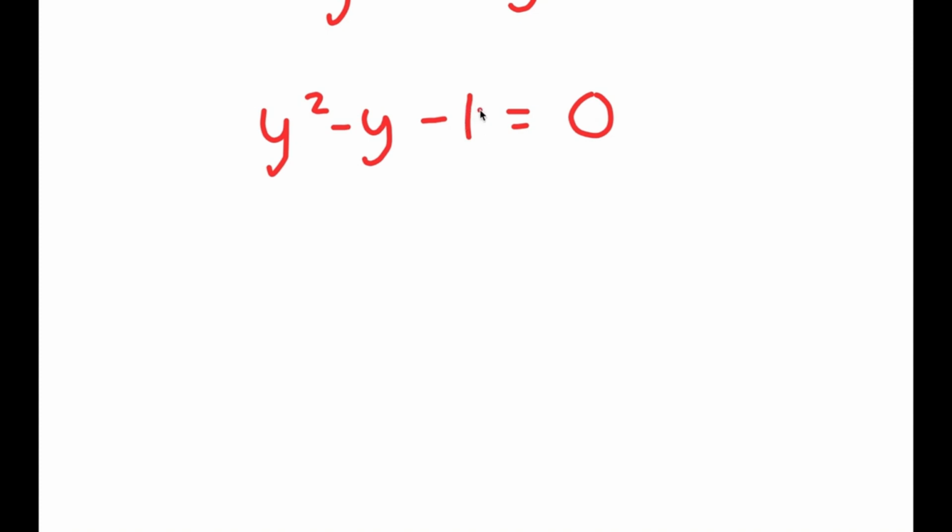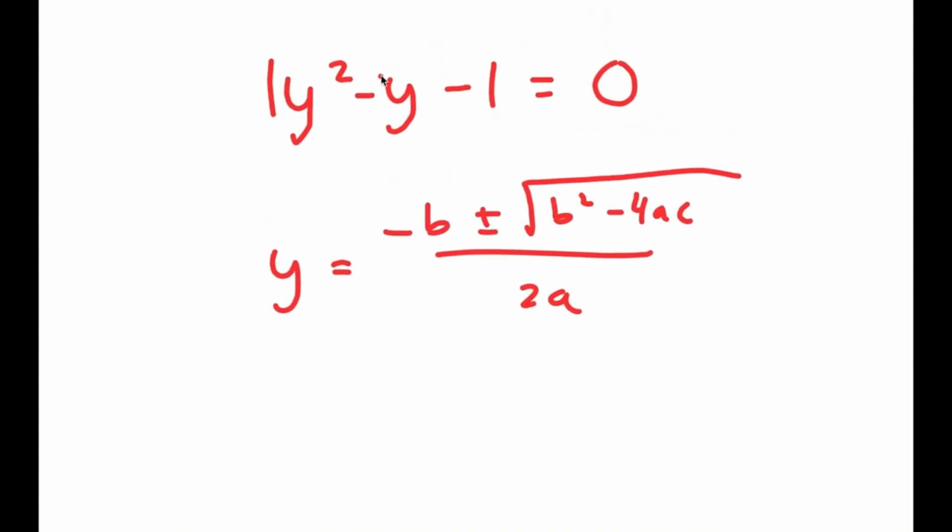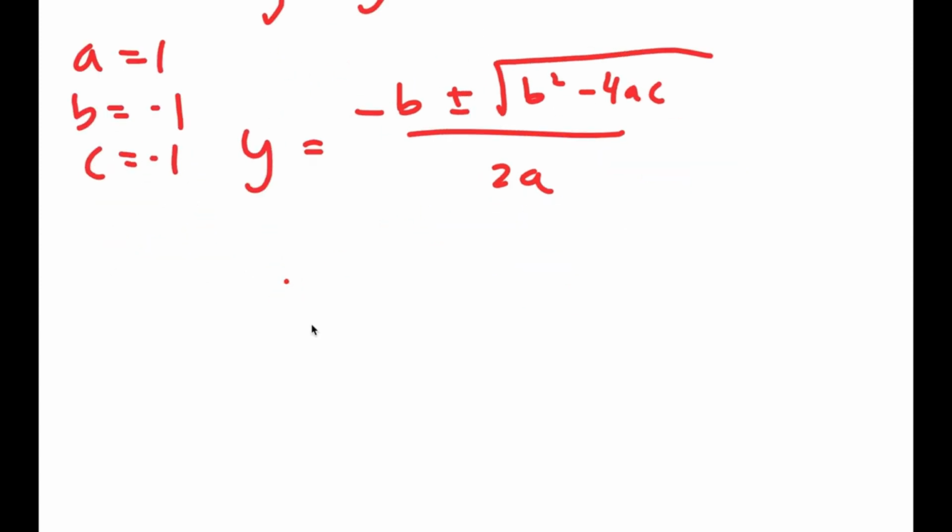And to solve this, I'm going to be using the quadratic formula, which is negative b plus or minus the square root of b squared minus 4ac all over 2a. So in this case, I'm going to look at the coefficients. a is 1, b is negative 1, and c is negative 1.